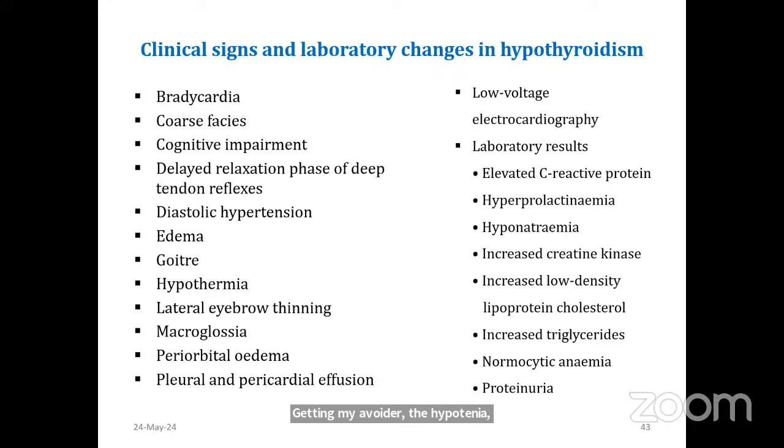In the ECG, low voltage waves are seen. In laboratory investigations, elevated C-reactive protein, hyperprolactinemia, hyponatremia, increased creatine kinase, increased LDL cholesterol, and triglycerides may be seen. Normocytic anemia will be there, and sometimes proteinuria may be seen in hypothyroidism patients. Next.